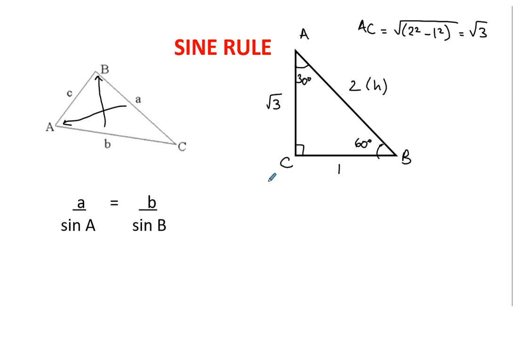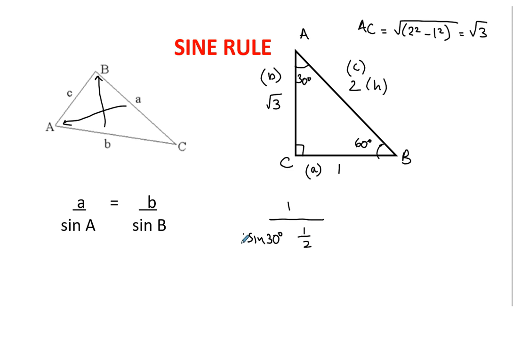Okay, so let's see if this works now. We'll label our triangle, so that's A, that's B, and that's C. So where's our A? A, which is 1, over sine 30, and when you watch the videos on the exact values, you'll know that sine 30 is actually a half.